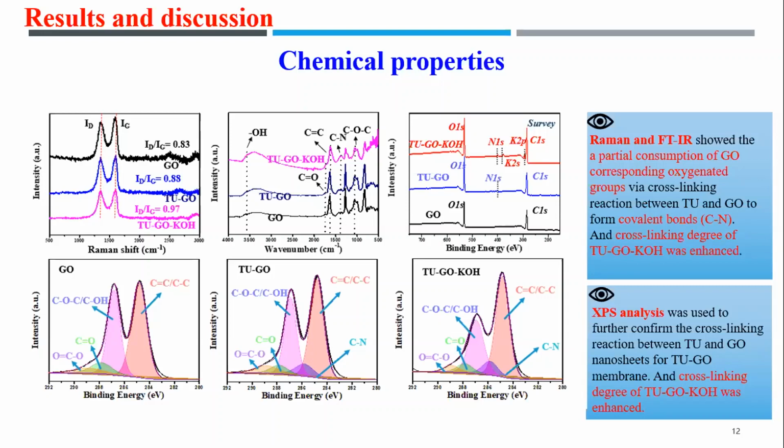The cross-linking degree of side-zero graphene oxide potassium hydroxide membranes was enhanced, and then XPS was further used to confirm its chemical properties.